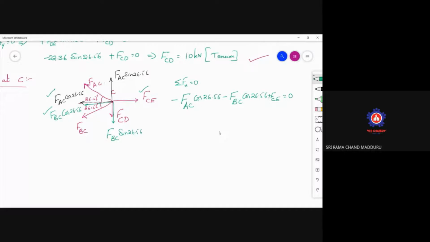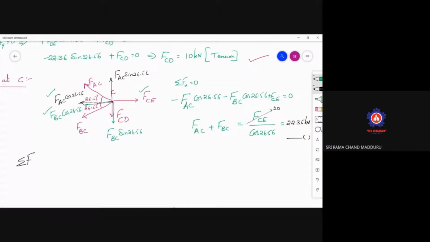Okay, we'll take FAC plus FBC is equal to FCE by cos 26.56. So here the value of FCE, you just told as 20. So 20 by cos 26.56 is 22.35 kilonewtons.